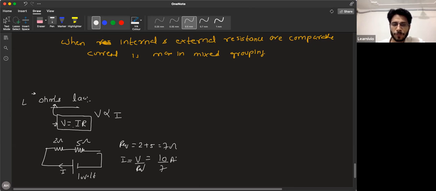Okay. Now, when a current flows, then some part of electrical energy also gets dissipated in the form of heat. So we have some heat energy also. We have some power dissipated.